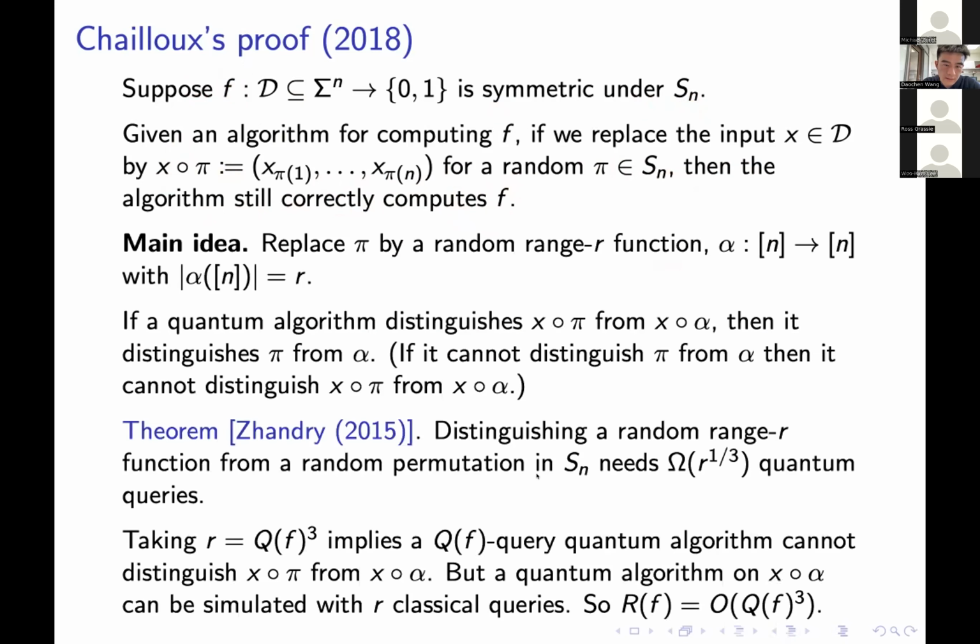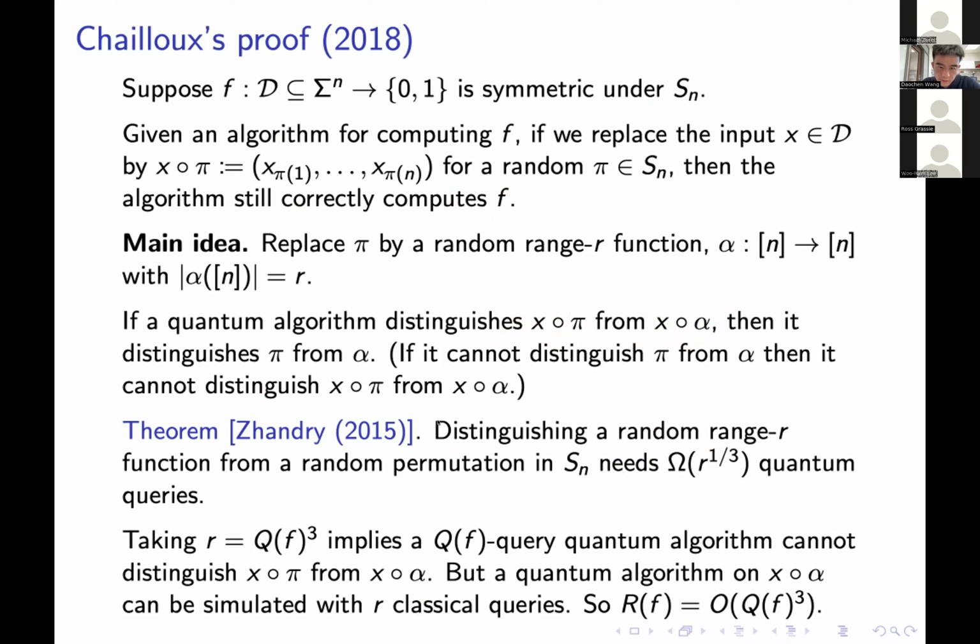Now, the main idea is that we will replace a random pi in S_n by a random range-R function alpha from [n] to [n] with the size of the image equal to R. If a quantum algorithm distinguishes x composed with pi, so that's just x permuted by pi, from x composed with alpha, then it distinguishes pi from alpha.